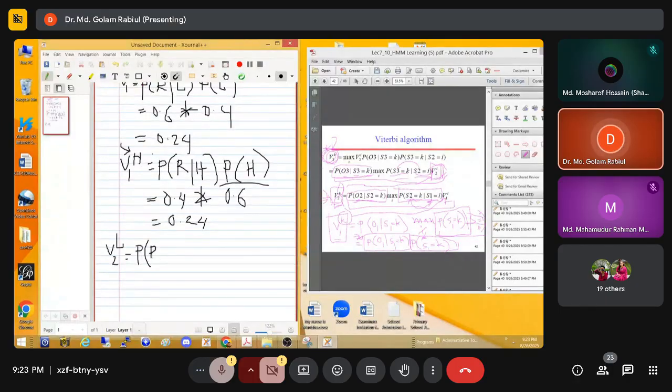Observation 2 is also rain given state 2 equal K. This time we have considered K equal L, so L here.